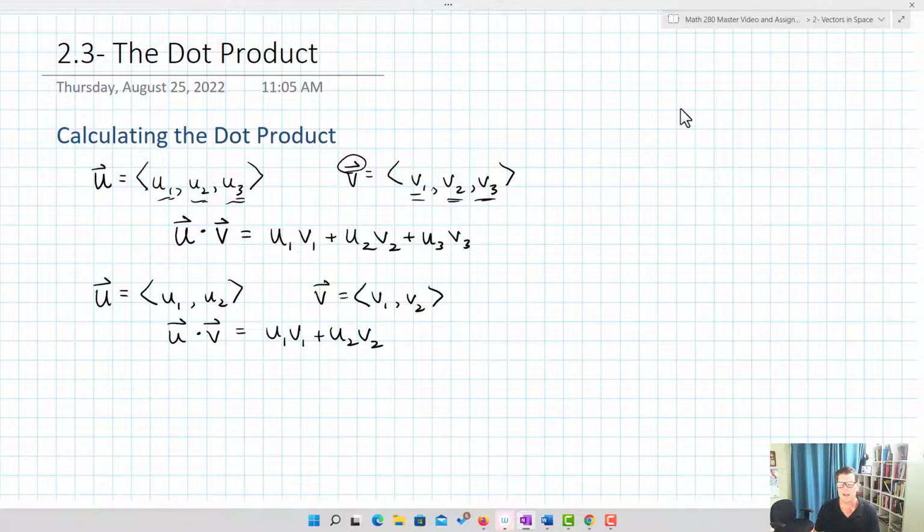It's really important that if you have 2 vectors and they're not inside of the same space, you can't take their dot product. The calculation should show you that that's the case, but it's something really important to remember. You can only work with vectors that are inside of the same space. Otherwise, you get all sorts of problems until you get into linear algebra, and even then, there are still restrictions on what we can do with vectors.